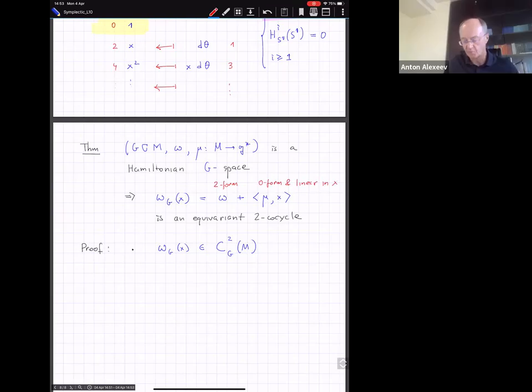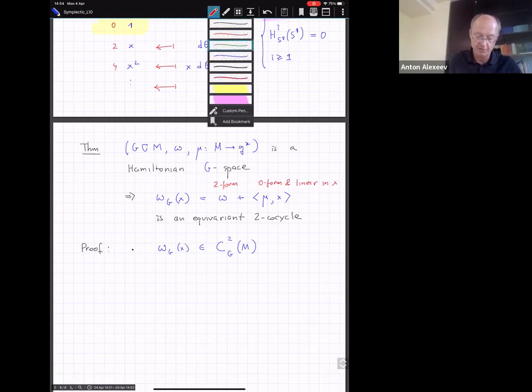Yeah, so one thing is that this is in total an element of degree 2, because both contributions, in terms of the Cartan complex, are of degree 2: a 2 form, and the function which is also a linear function on the Lie algebra, and linear functions by our convention are elements of degree 2. Quadratic functions are elements of degree 4, and so on. And omega does not depend on X, so it doesn't have that contribution in the grading.